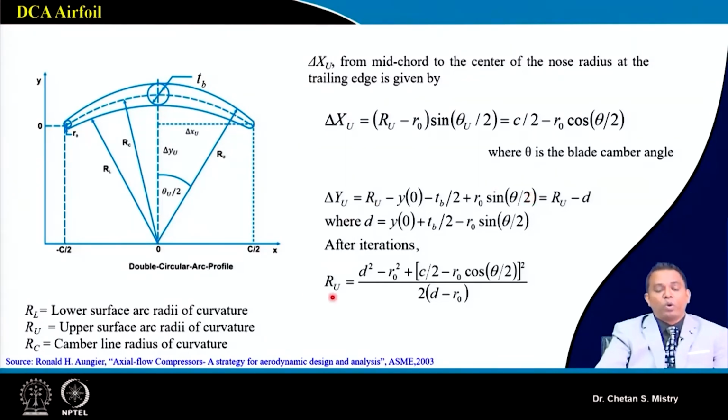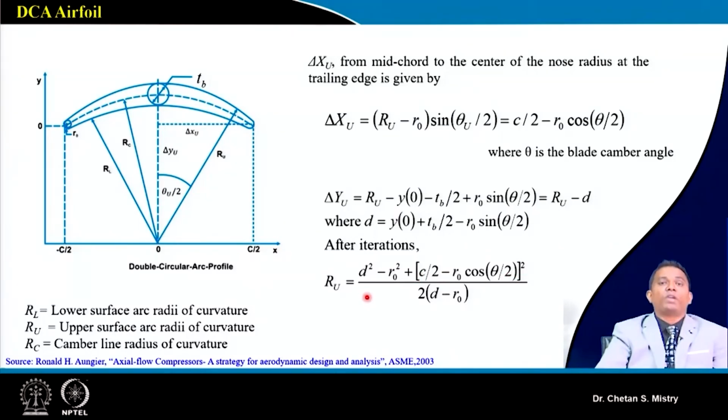In order to achieve this curvature, or the radius of my upper surface, we need to go through a number of iterations solving the upper surface and lower surface, and that will give the radius of my upper surface as a function of d, what my r0 is, that is nothing but my radius at the leading edge, what my chord is, and what my camber line or camber angle is.